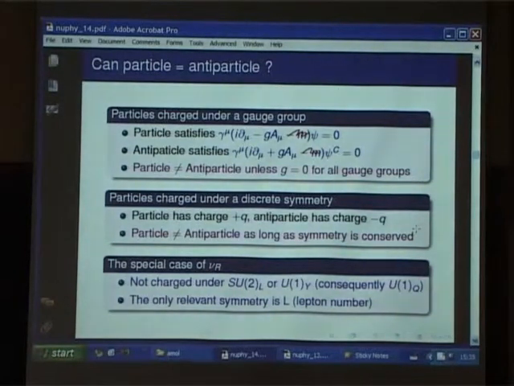So by our earlier arguments, just like parity, if lepton number is conserved, then you cannot have a particle which has lepton number equal to +1 as well as -1. So if lepton number is conserved, then it's very clear that even nu R cannot be its own antiparticle. If this is actually a symmetry of the standard model, and lepton number is conserved, we are done.